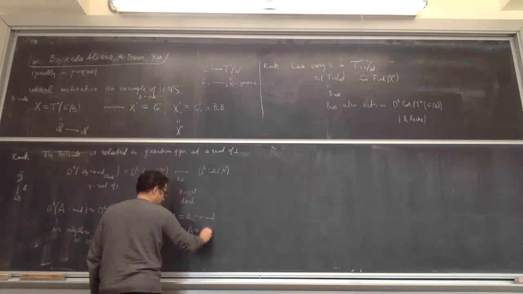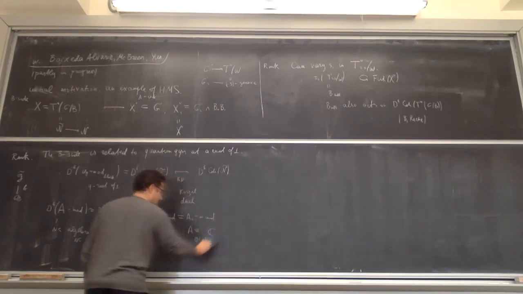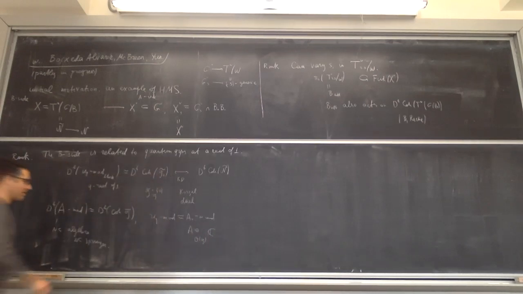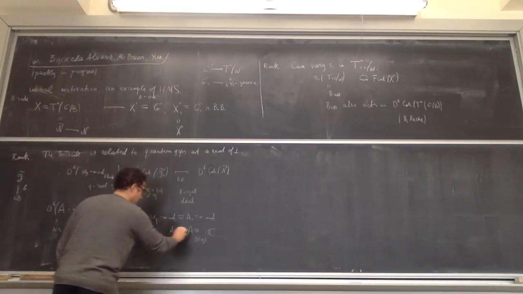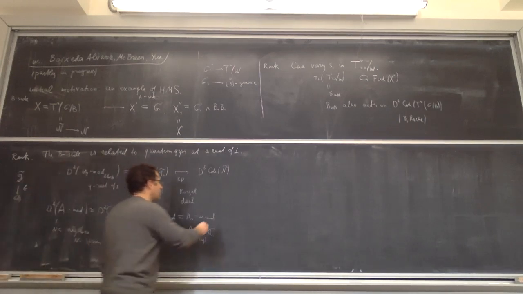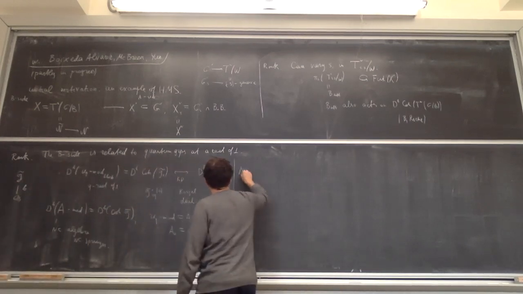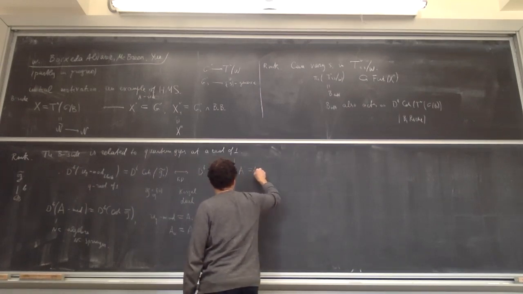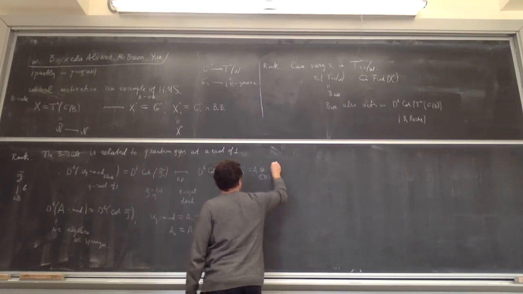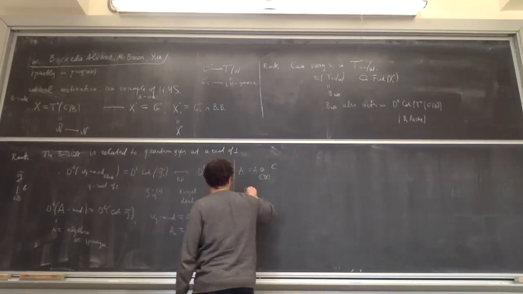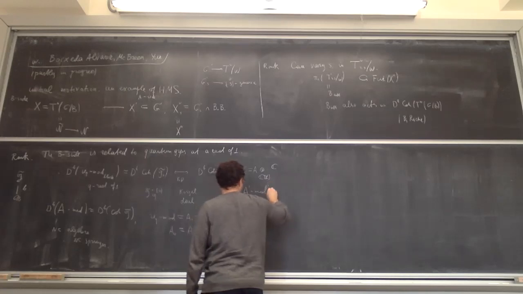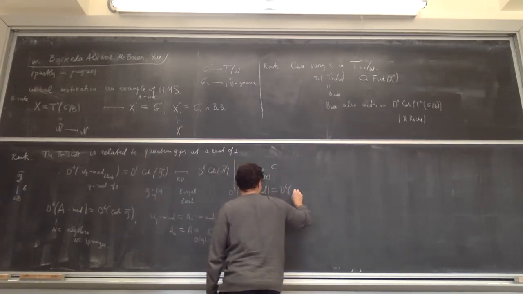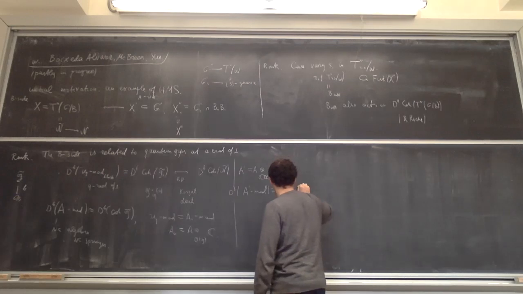Sorry about these details. I just want to make a statement, and there is also A prime, which is maybe A. And A prime is derived equivalent to N tilde.